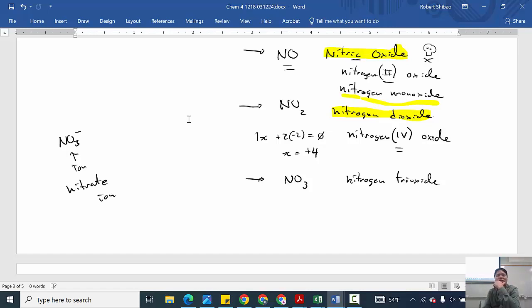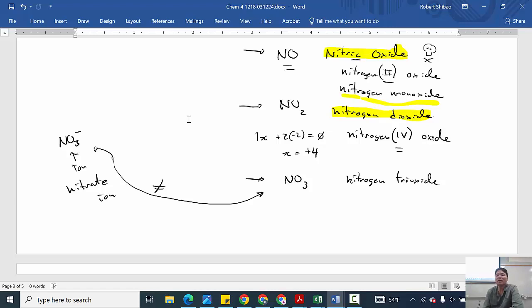However, this is nitrogen trioxide. It has no charge. It's zero charge. So nitrate and nitrogen trioxide are not the same. They are not equal.